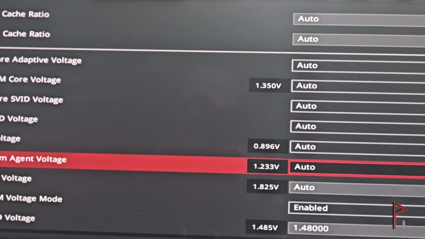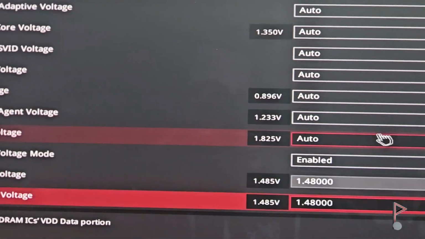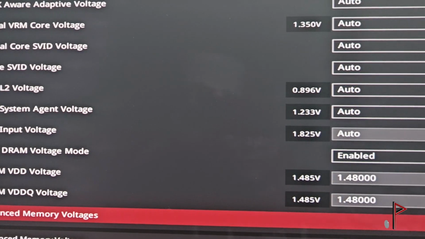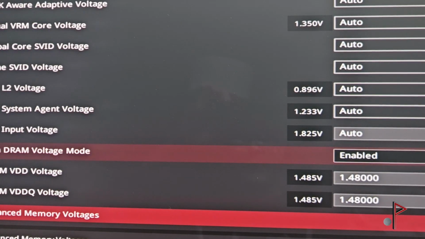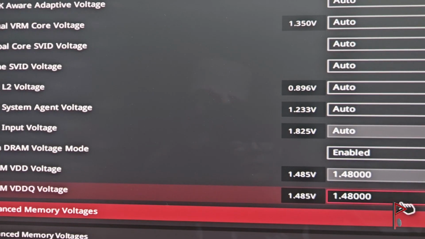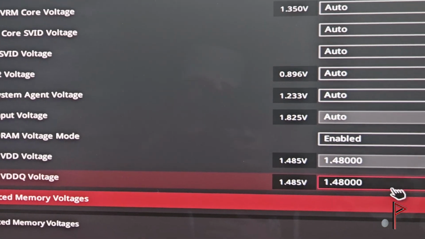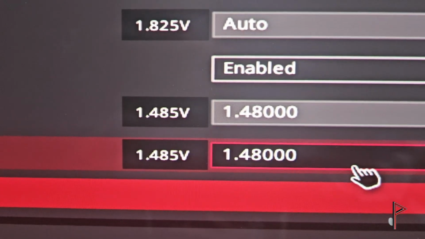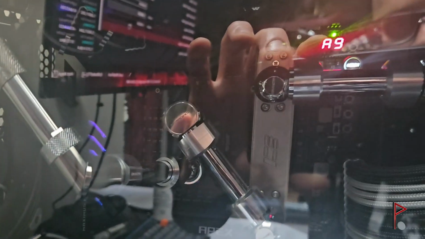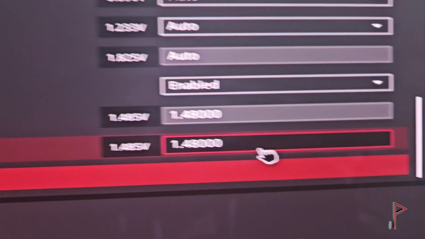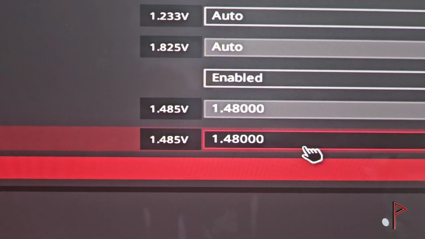So one thing that I'd like to call your attention to right now are these two voltages, DRAM VDD and DRAM VDDQ. I adjusted these because I wanted to find something closer to the maximum operating temperature. Now, if you'll recall, my RAM is water blocked, so I can get away with pumping a bit of voltage.